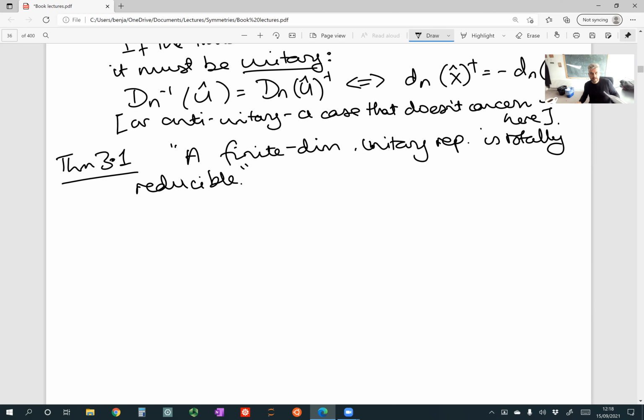Okay, good. So we've seen the direct sum as a way of combining two representations or several representations to give another representation. But there's another important way, and that way is called the tensor product. This is another combination, another way of forming a representation.